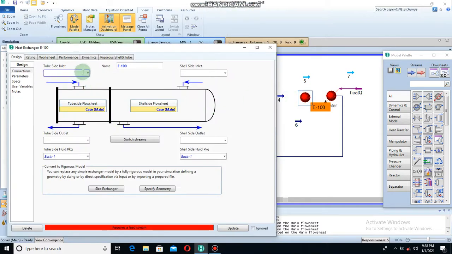So I'm going to send the very cold propane into the tube side.